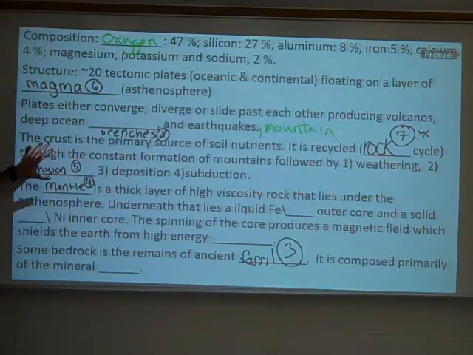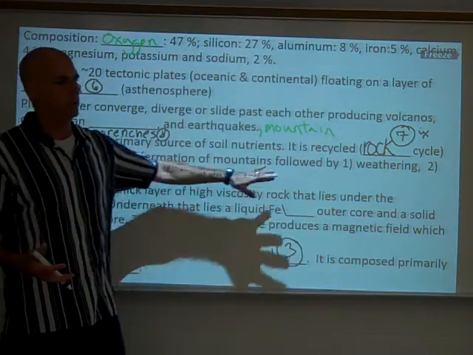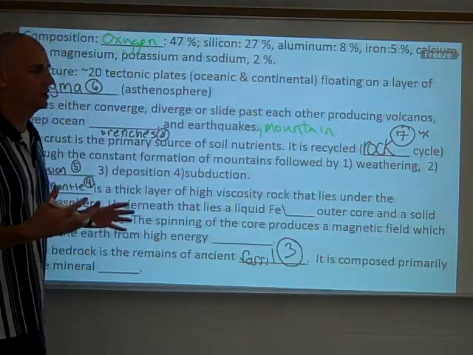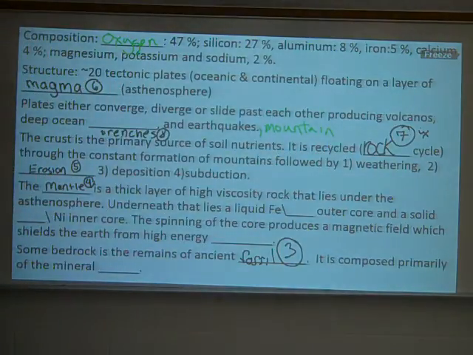The other good thing is that because they're constantly moving and bumping into each other, we have a rock cycle, which is basically the crust in a divergent plate coming out and making new crust in some areas of the Earth. In other areas of the Earth, it's going to get pushed back down into the asthenosphere, where it will melt, and then it can start this whole process again.